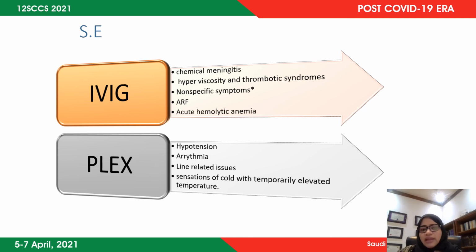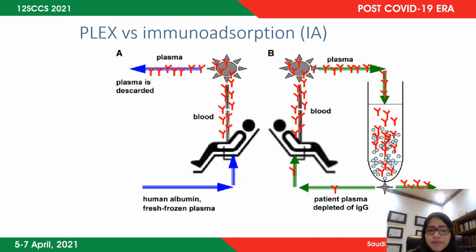The common side effects, as you know, are chemical meningitis, hyperviscosity and thrombotic syndrome, and non-specific symptoms of headache, chest pain, flushing, fevers, and myalgia. With plasma exchange, you can have line-related issues, hypotension from volume depletion, and arrhythmias, though this is rare, but monitoring electrolytes pre and post plasma exchange is important.